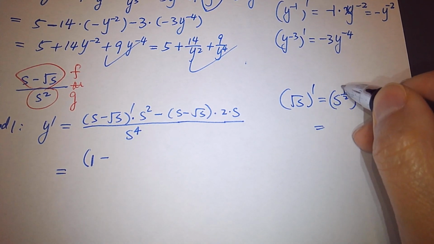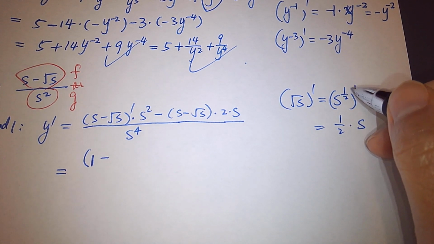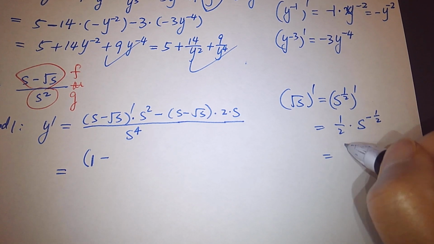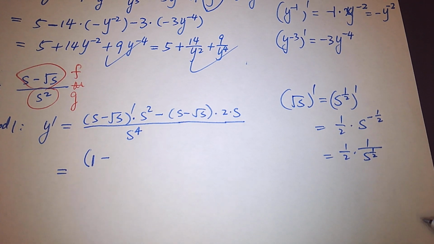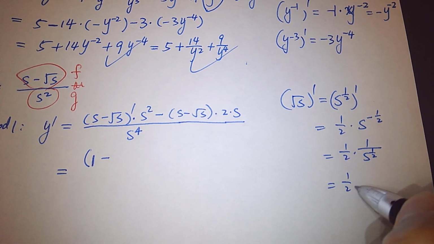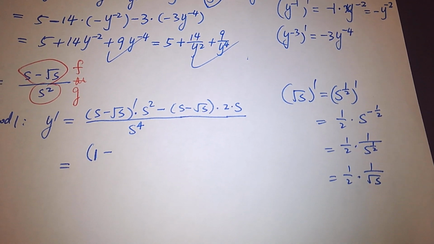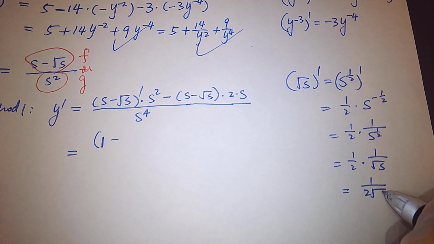So this is 1/2 times s to the 1/2 minus 1. 1/2 minus 1 is negative 1/2, right? So this is 1/2 times 1 over s to the positive 1/2. What is s to the 1/2 power? Square root of s, right? So eventually, 1/2 times 1 over this gives us 1 over 2 times square root of s.